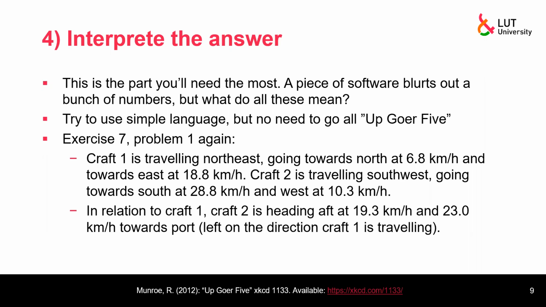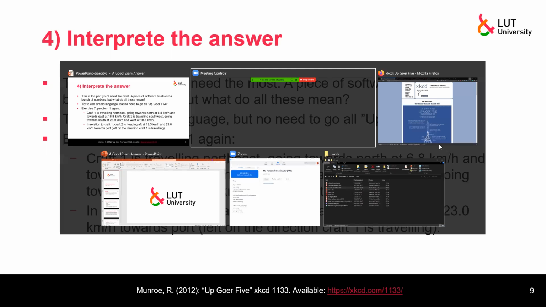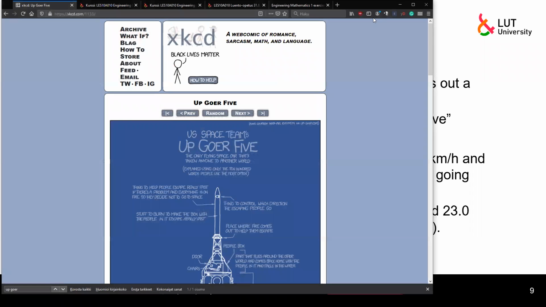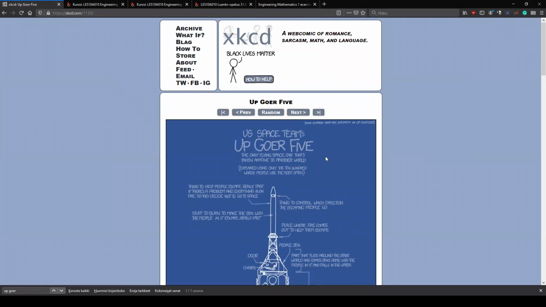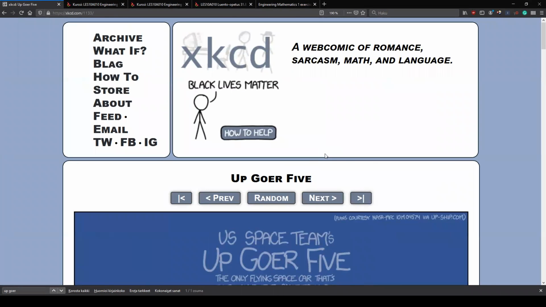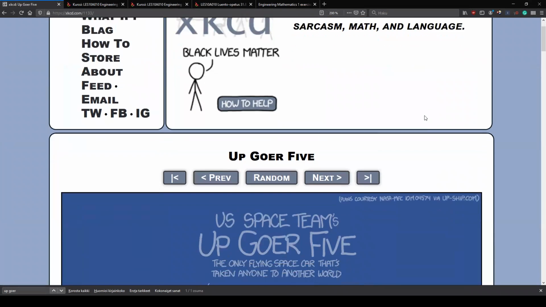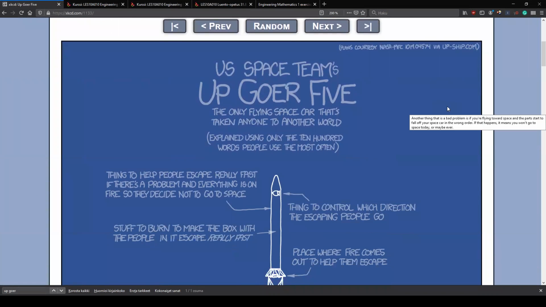And now there's a book about these. There is a concept called simple English. It's occasionally worth practicing it.